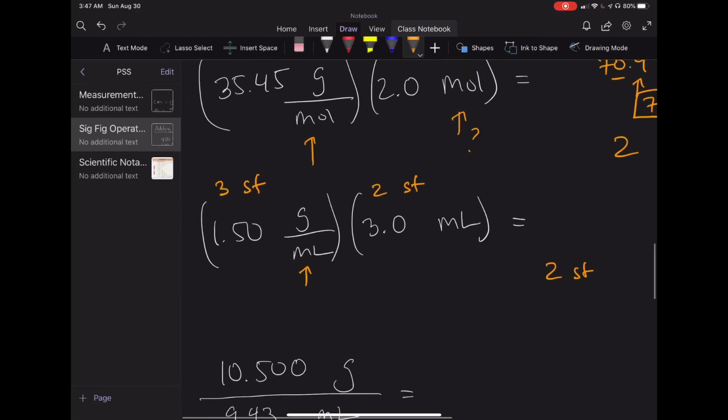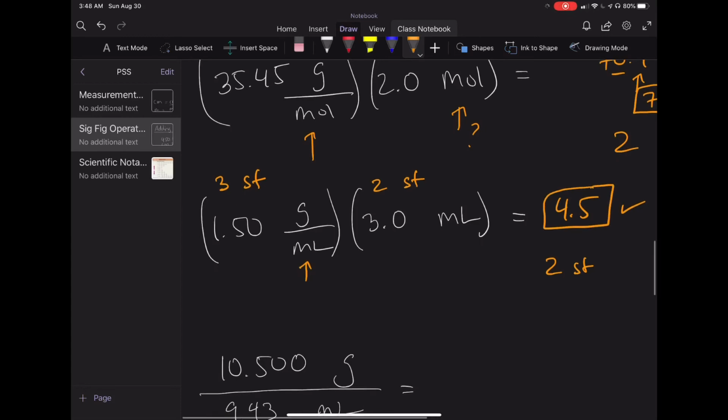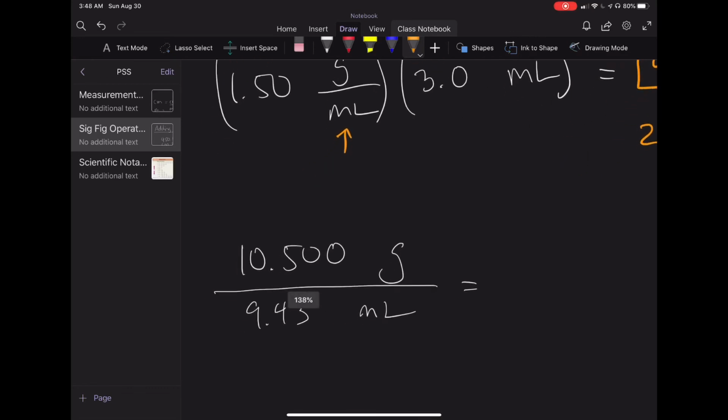So now to our calculator, 1.50 times 3.0. Our calculator tells us 4.5. That answer already has 2 sig figs, so we're good. And that is our answer, 4.5. Again, not worrying about the units.